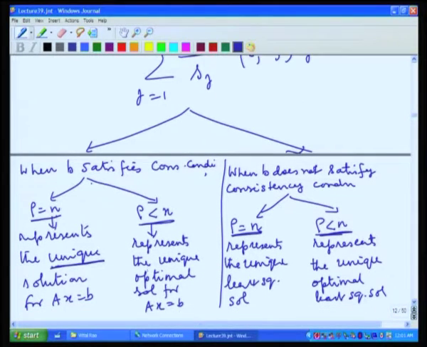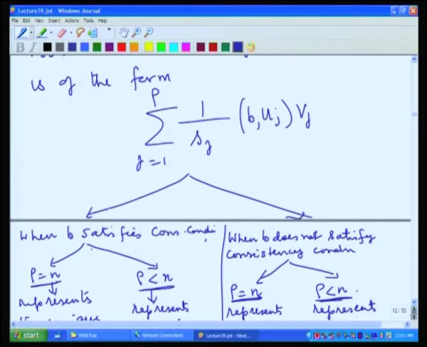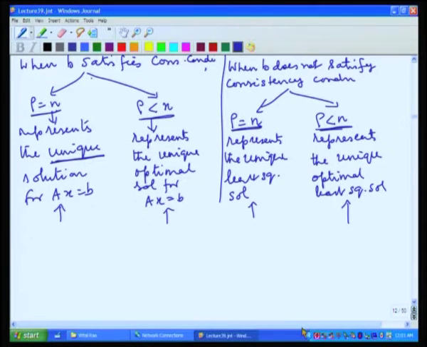The final solution, whether it is the unique exact solution, the unique least square solution, the unique optimal solution, or the unique optimal least square solution, has exactly this representation. It depends on rho, so the summation index will vary in all these cases. So, now we have the answer for the solution of the system of equations in terms of the basis that we have chosen, completely, whatever the case may be.